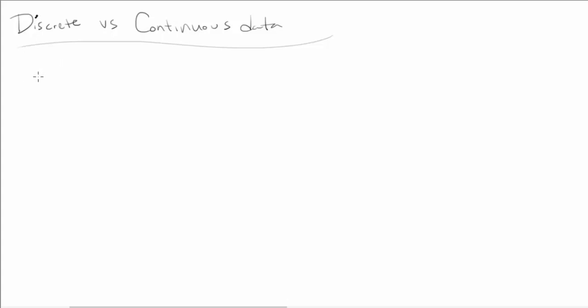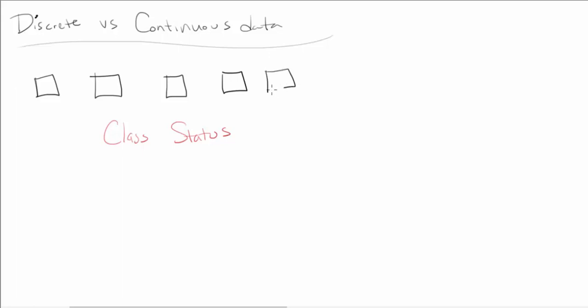With discrete data, you have specific groups that you can fall into. So you're either in one of these boxes or you are not. So say, for example, we have our variable of class status. We've used that a lot in this course. As an example, class status, you have 4, maybe even sometimes 5 or 6 options, right?